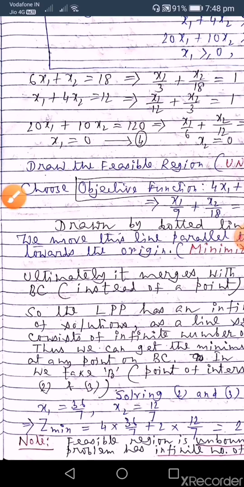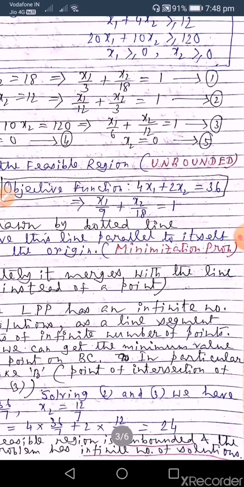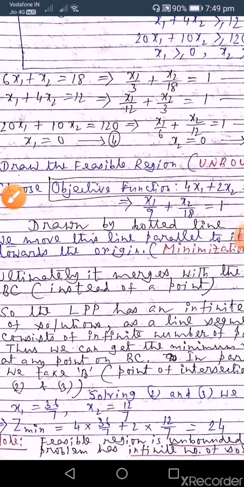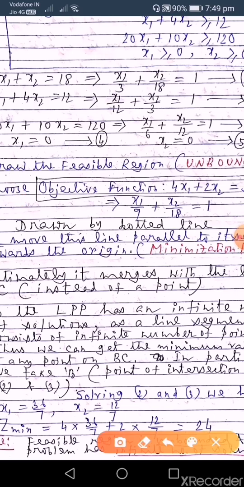After simplification, we will get 24. So our answer is x1 equal to 36 by 7, x2 is equal to 12 by 7, and the minimum value of z equal to 24.